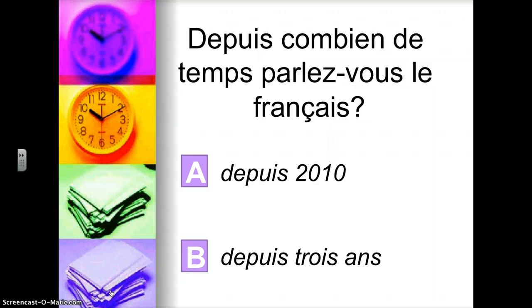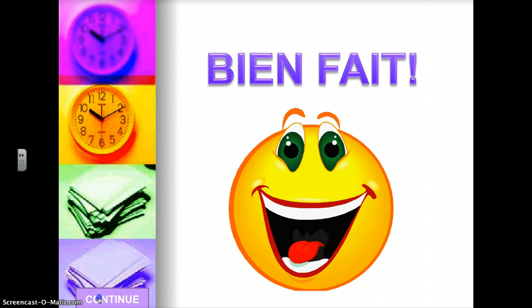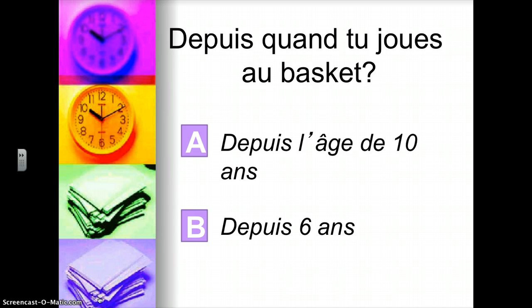So, depuis combien de temps parlez-vous français? Combien de temps? For how long? How long? Length of time. Depuis 3 ans. Is that what you want to do? Oui! Go team. Depuis quand tu joues au basket? Since when have you been playing basketball? A lot of people ask me this because I am very talented at basketball.